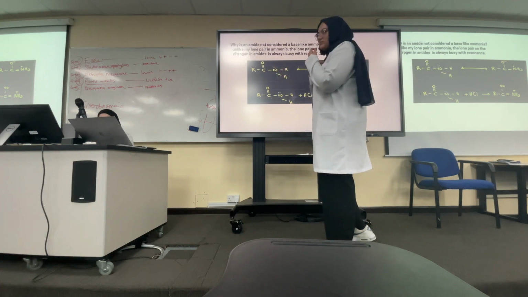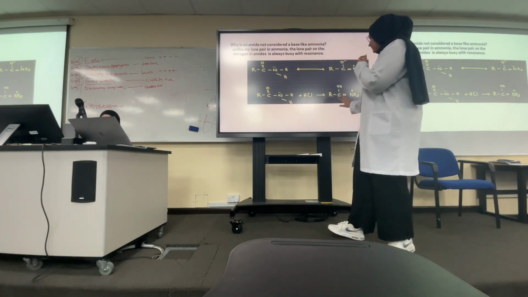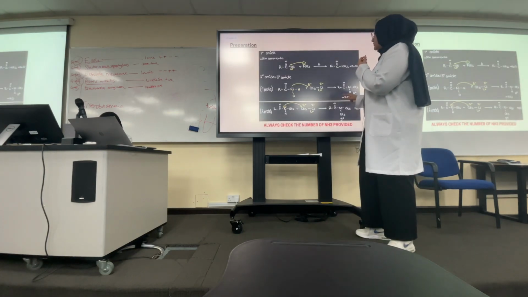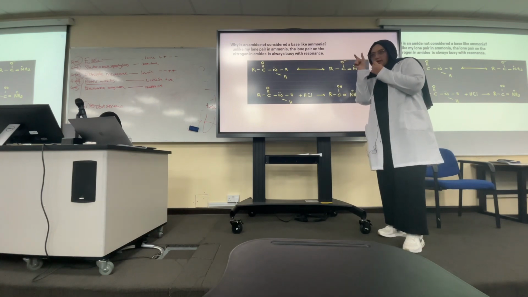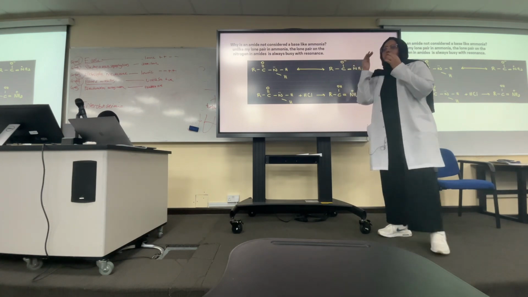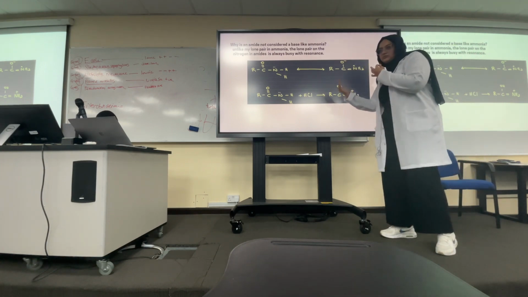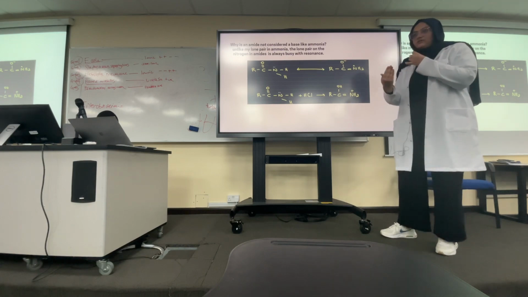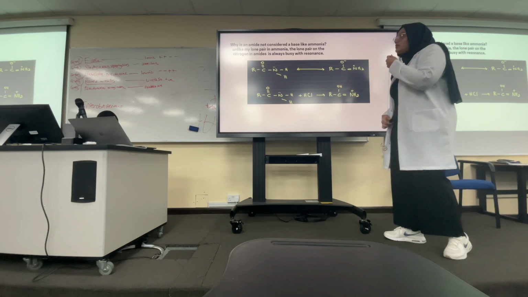But my lone pair is busy doing resonance. Here's how the resonance is taking place. So this lone pair on my nitrogen is busy doing resonance. And if it's already busy doing something else, can it be busy doing something else? No, it's already busy doing resonance, which is like hard work, right? So it's not going to be able to act as an actual base. So that's why we don't consider amides as bases.